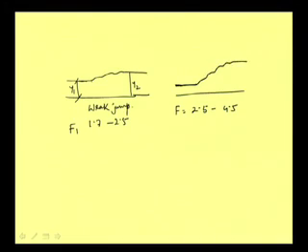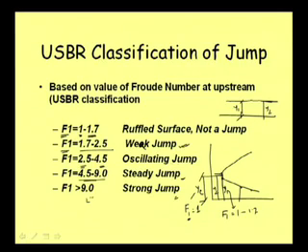And then we are getting this sort of jump where we have small eddies like that, some flow is moving like that, and this is say y1 and y2. This is called an oscillating jump.